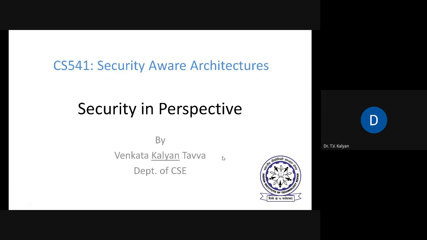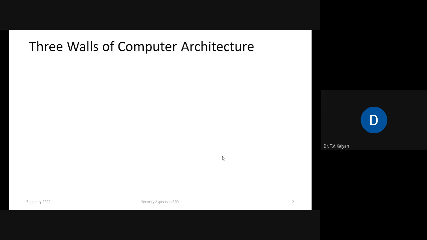Okay, so I'm going to give a very high-level view on why there are so many security issues, and basically a motivation for the course itself in this lecture. To begin with, popularly there are three walls in computer architecture.